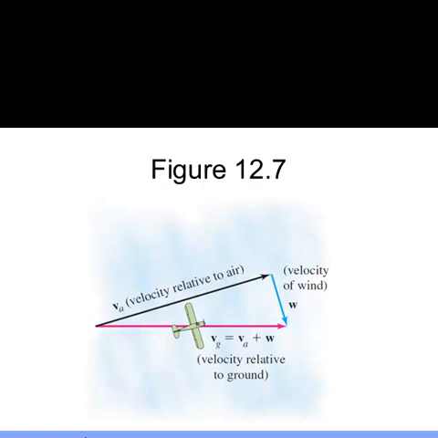But if it is in a direction that's at some angle to the direction of the water, then the direction of the water is going to influence the overall direction, meaning the direction relative to the ground.